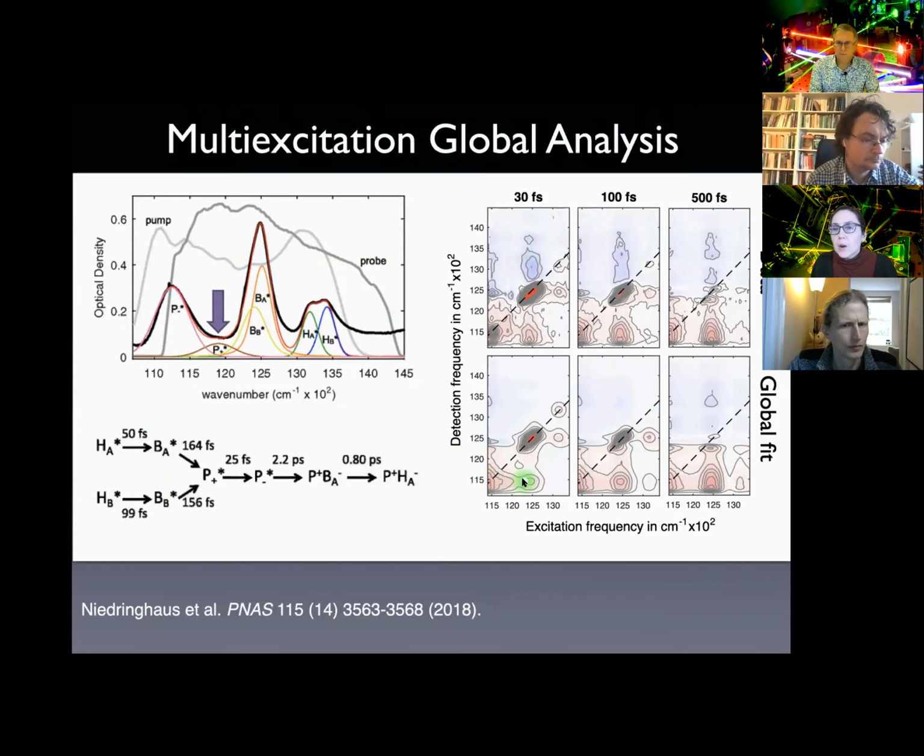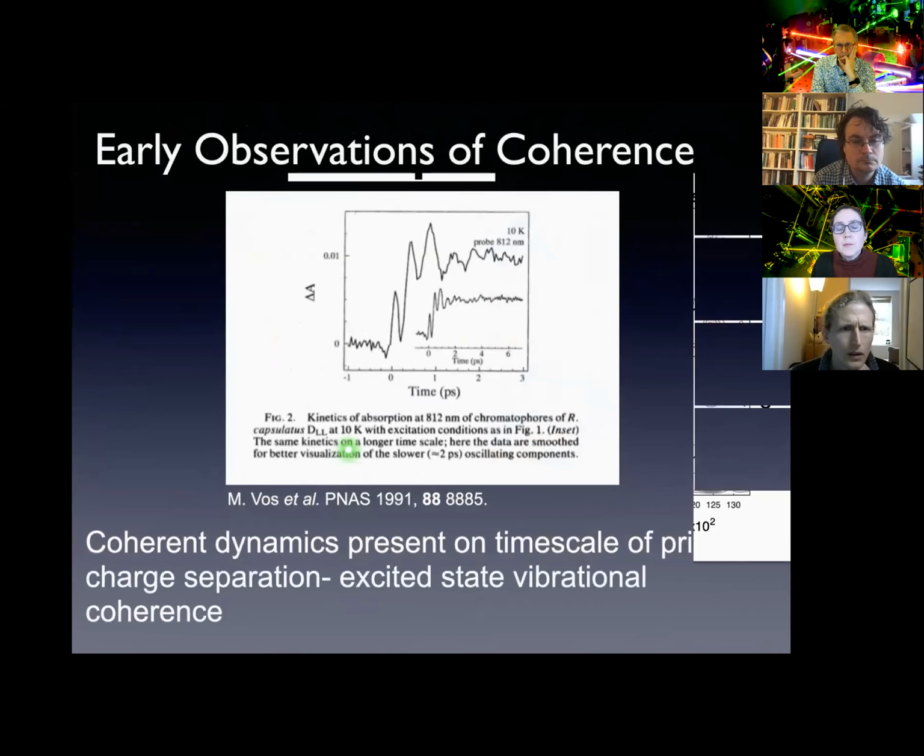Also of note here, the upper P exciton state, the position of this has been debated in the literature, and it's observable in our 2D spectra, but you see really quite a weak cross peak here. Through our kinetic fitting, though, we were able to assign the position of this upper P exciton state. Okay, now, I'm not going to talk about the charge separation mechanism in that. I'll refer you to our published work on that.